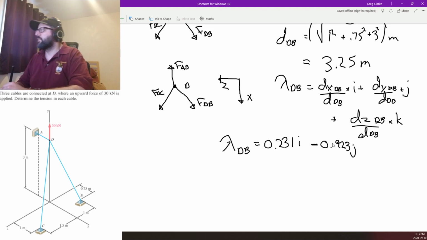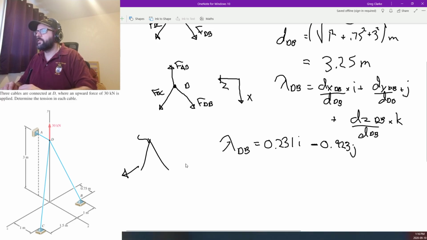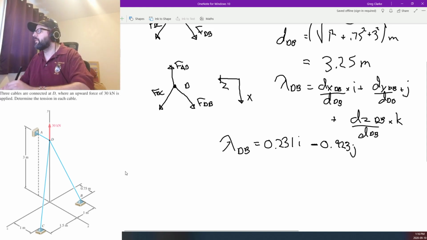And then we also have the K term. So the K is based upon the z-axis displacement. So for D to B, keeping in mind that the z-axis was defined in this direction. So when we go this way, that's actually negative for the D to B displacement.